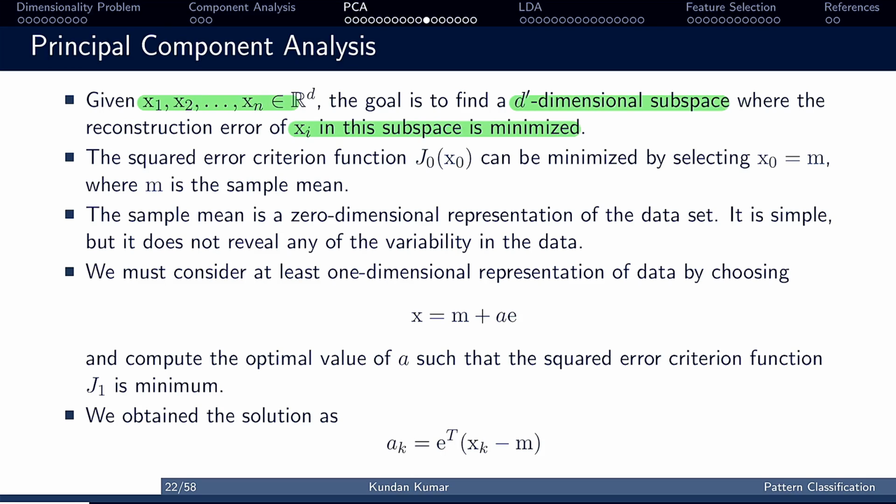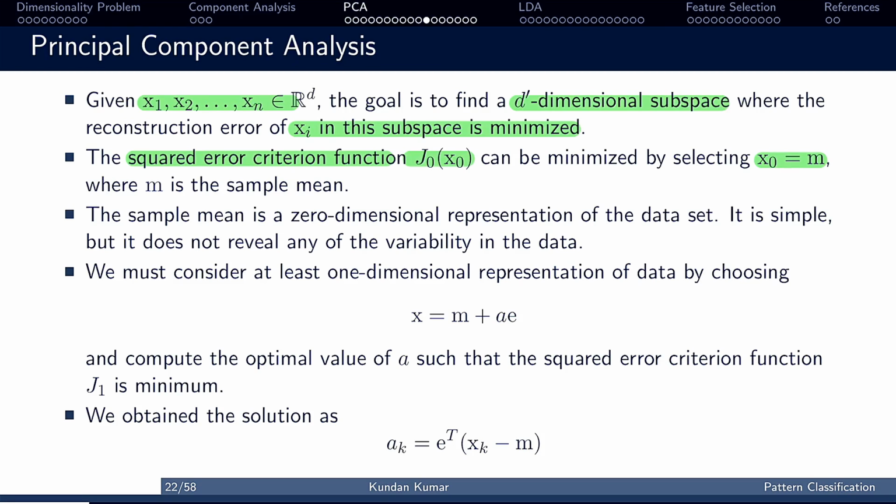We formulated our dimensionality reduction problem in terms of the squared error criterion function J0(x0), and we minimized J0(x0) by selecting x0 equal to m, where m is the sample mean.